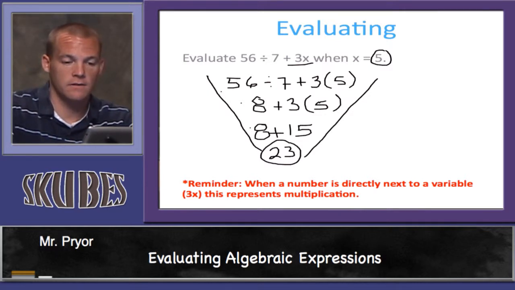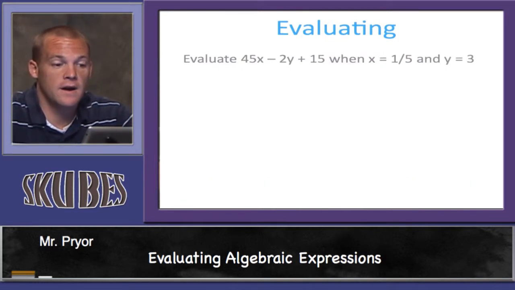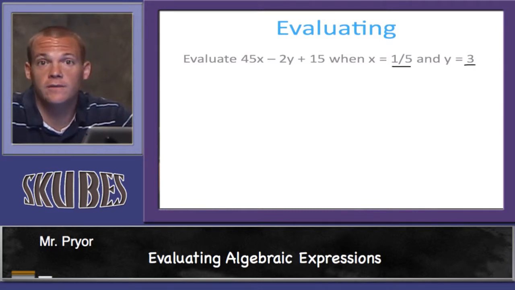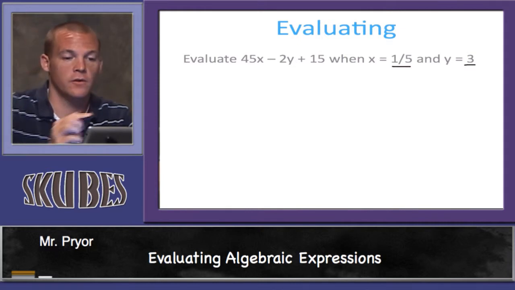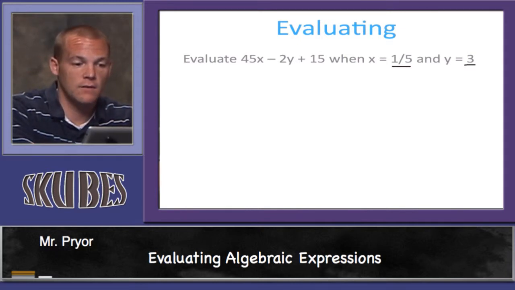All right, let's take a look at another one here. See here we have 45x minus 2y plus 15. This time we're going to be incorporating some fractions, and we're going to have two variables to substitute in for. So I'm going to rewrite the problem, substituting in those values. And again, 45x means 45 times x.